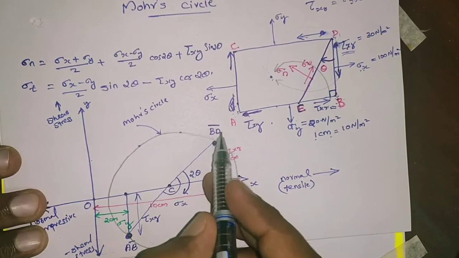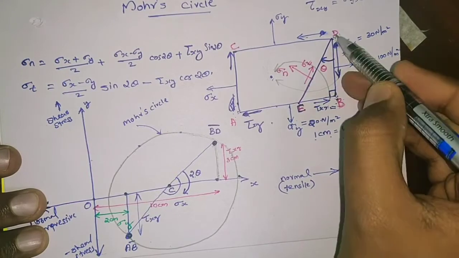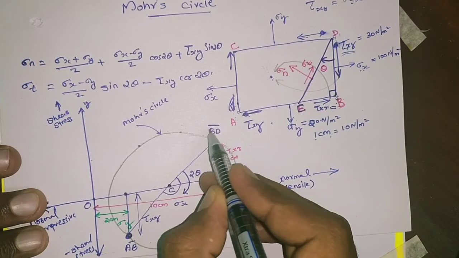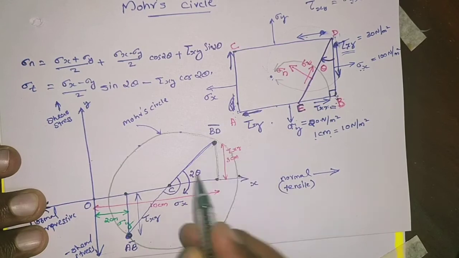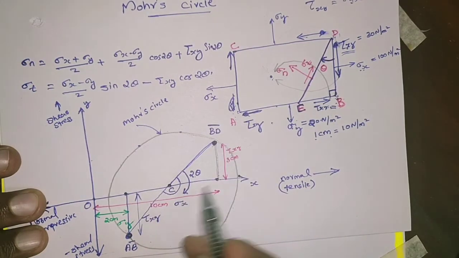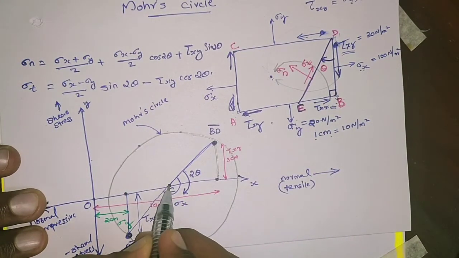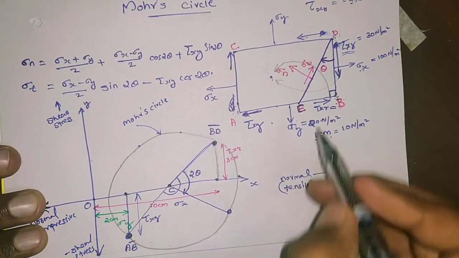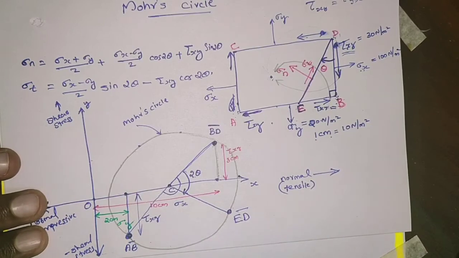This is the point representing BD and this is the line representing BD. So from BD rotate 2 theta, double that of theta, in clockwise direction, and draw a line, and this point represents the ED plane. Okay, this is the ED plane.